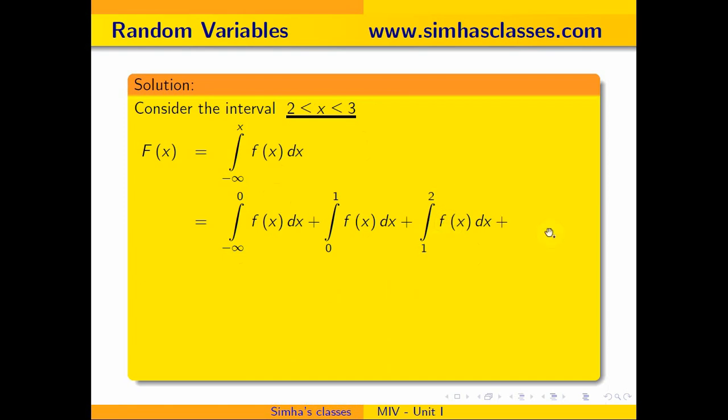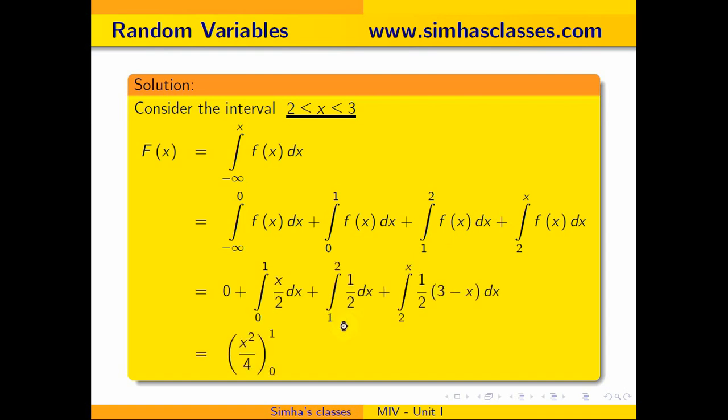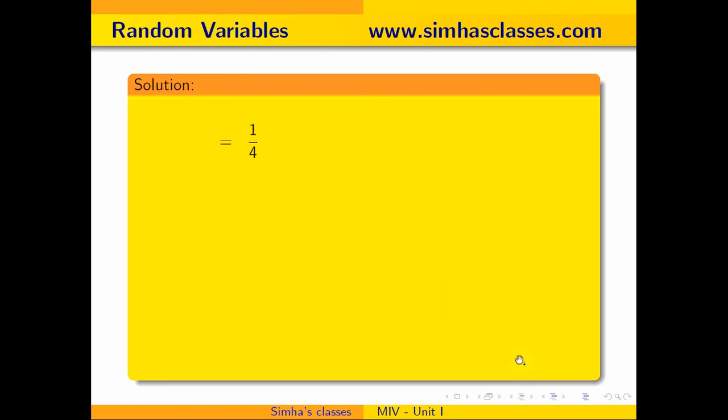Now it is 2 to x of f of x dx. Substitute those values and integrate. As usual, it is a simple integration. x is integrated to x square by 4, and integrating the constant you will get x. Substitute the limits and simplify.